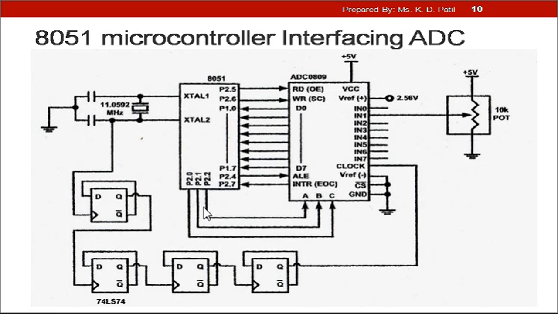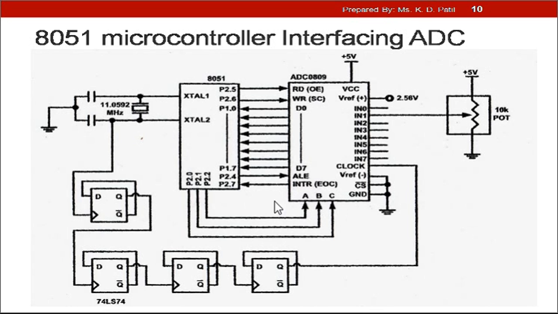Then the other signals of ADC are interfaced with another port of the 8051 microcontroller, that is port 2, we are using here. P2.0, P2.1 and P2.2 pins of the 8051 microcontroller are interfaced with the address lines of ADC 0808, that is ABC.